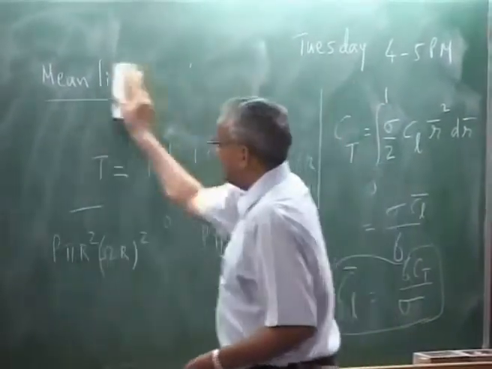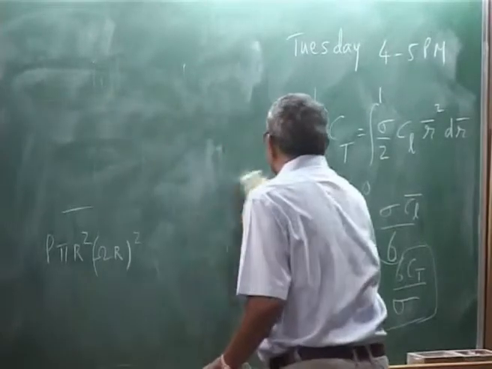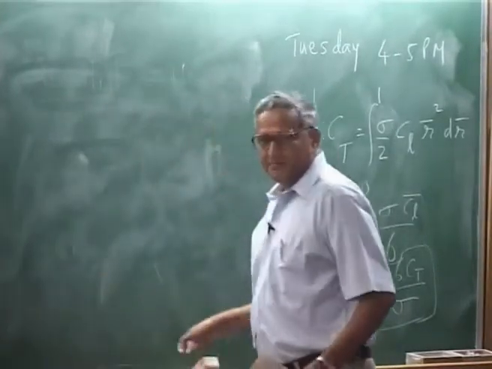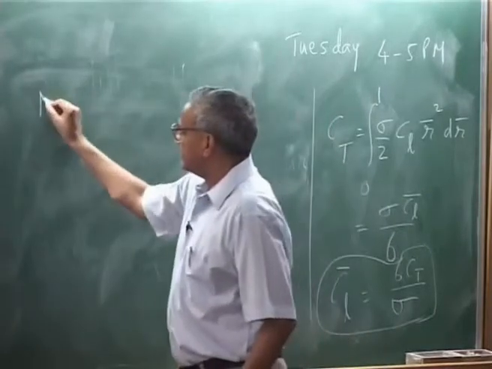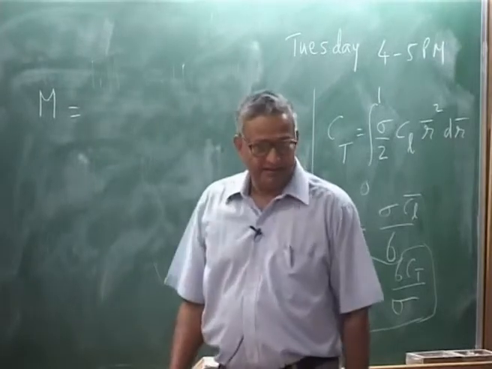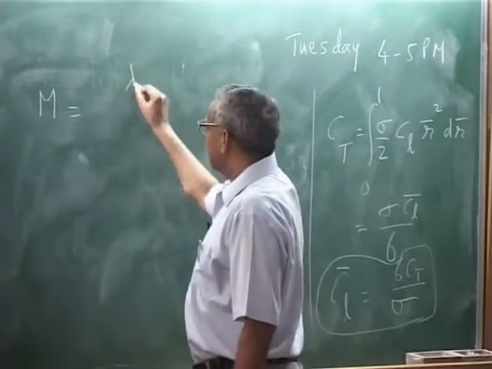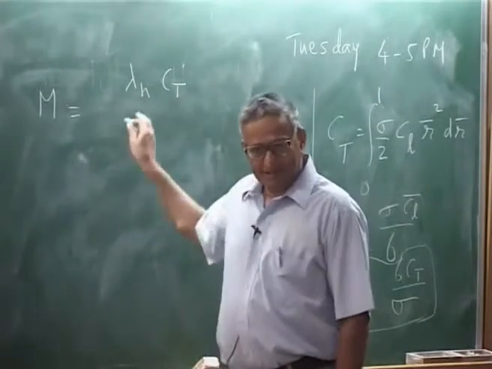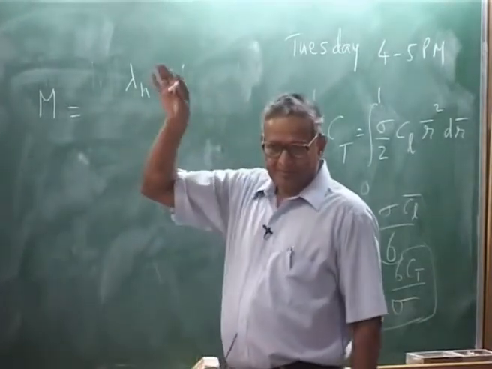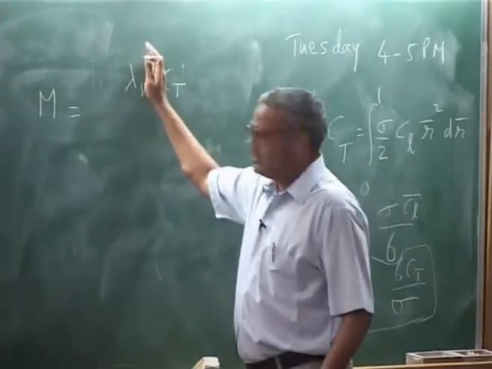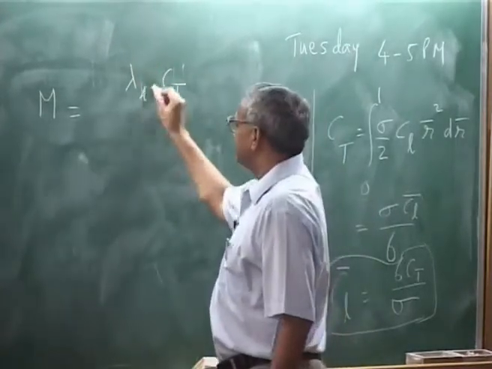Figure of merit is defined because last class we saw that ideal power is lambda over Ct, because lambda h is, or I use lambda I. So, you can take it as lambda I.